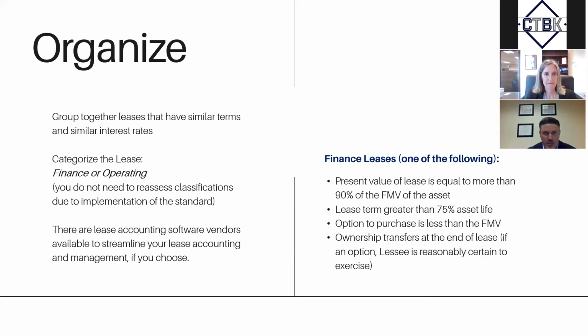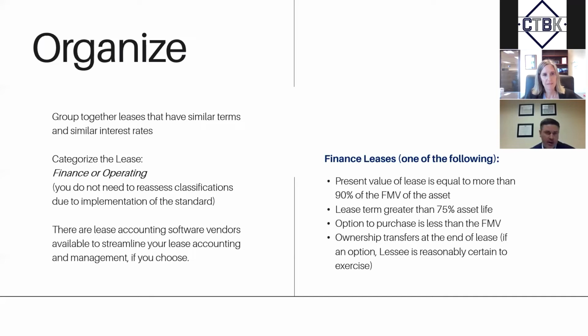Back to our construction equipment example, if you have a major construction project ongoing and you lease a dump truck, a backhoe, and cranes all at the same time, you don't have to account for all of those leases separately. Chances are you've leased them from the same company, they have similar interest rates. You can include all of those leases together if there are similar terms and similar interest rates.